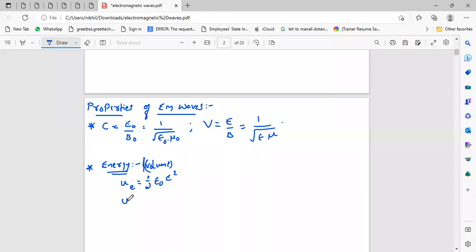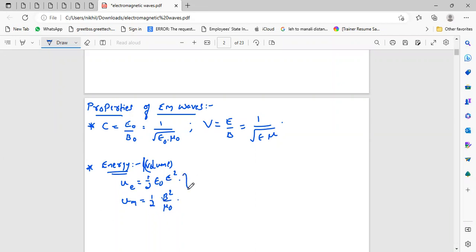And what is the energy density due to magnetic field? It is given by the formula half times B squared divided by mu naught. So what is the average energy density for electric field? Half times epsilon naught E squared. For magnetic energy, half times B squared by mu naught.